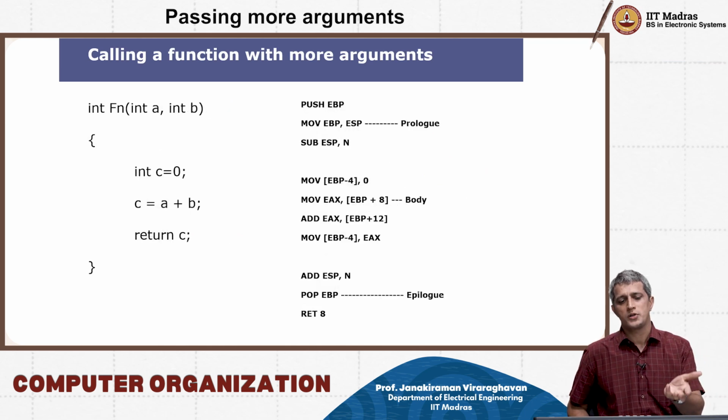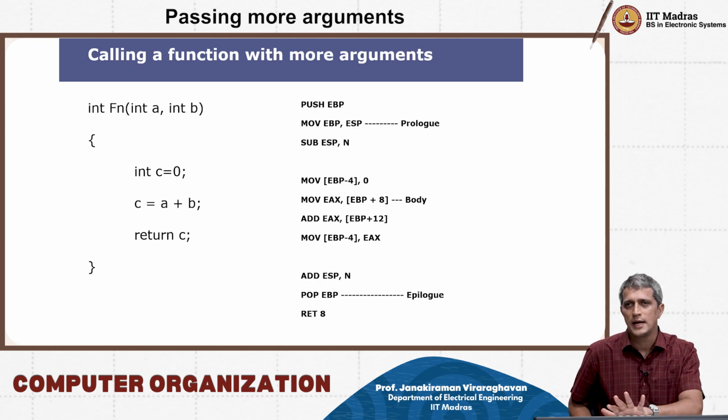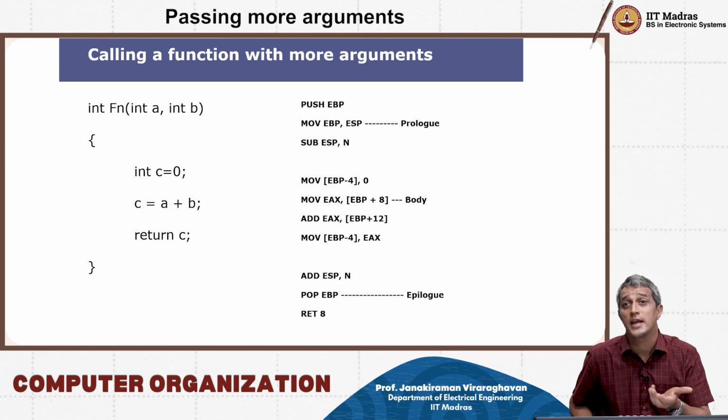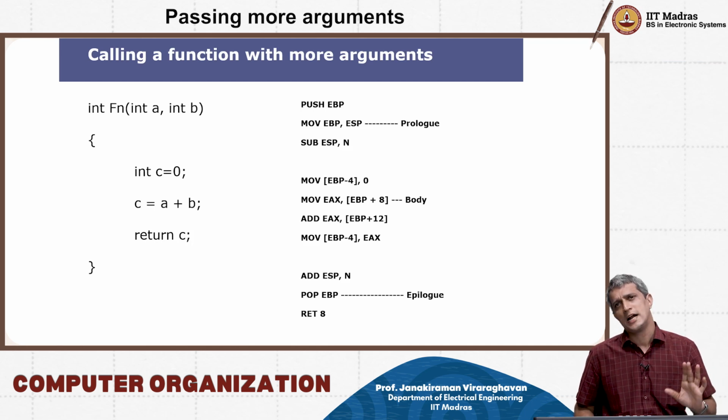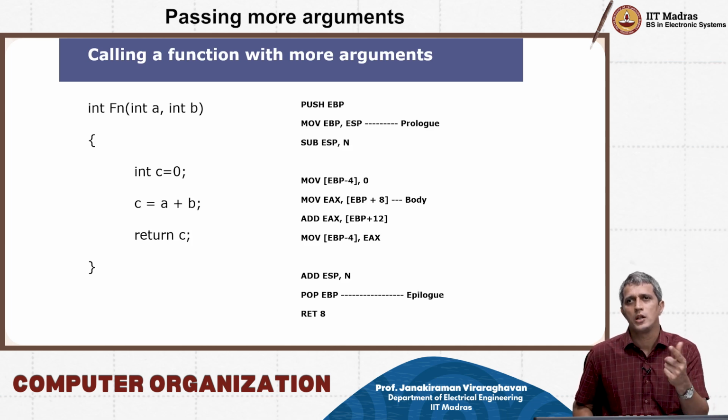Of course, the object code of the function fn remains the same because we have not rewritten that at all. Assuming that's in a different file, that object code could have been compiled and just kept aside once. All we are doing is changing the file containing the main, how you call this function.